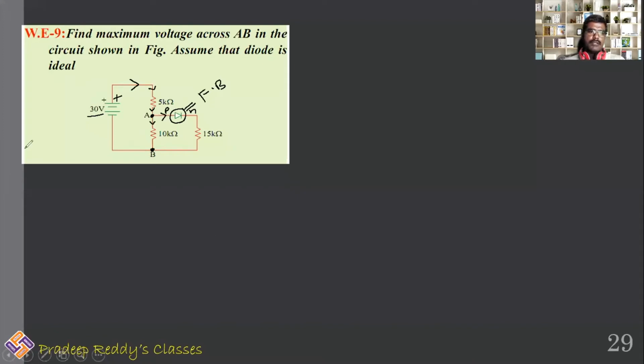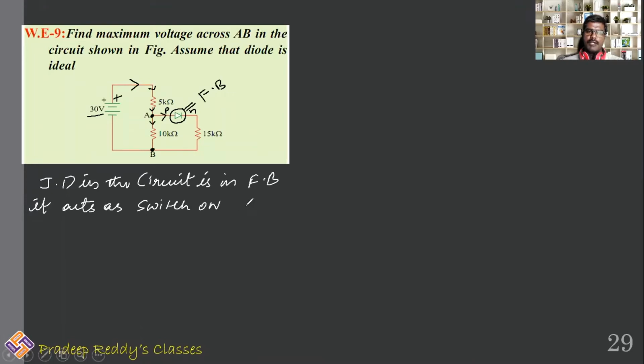The junction diode in the circuit is in forward bias. It acts as switch on. Therefore, it is identical to a wire, and simply it is replaced with a wire.